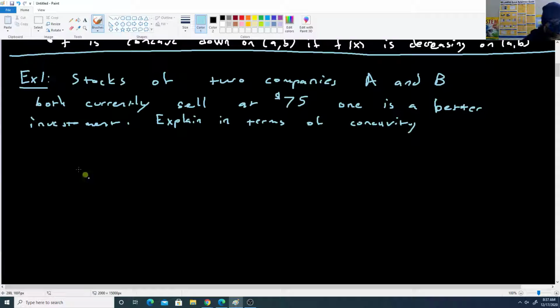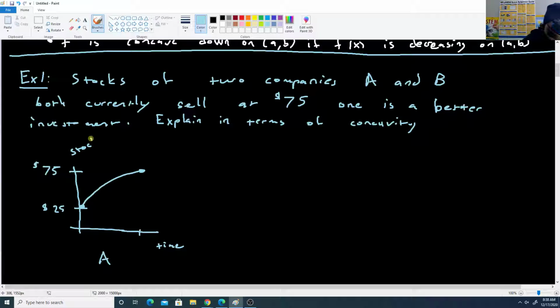So our two graphs that they give us, they say, all right, graph A starts here at 25, and then out here where you're thinking of buying it, the price is 75, and its shape looks kind of 25 out to 75. So it looks like this. So this is time, and this is stock price.